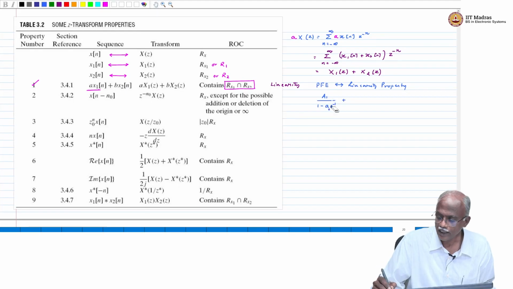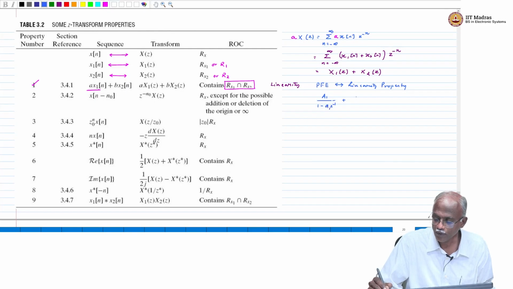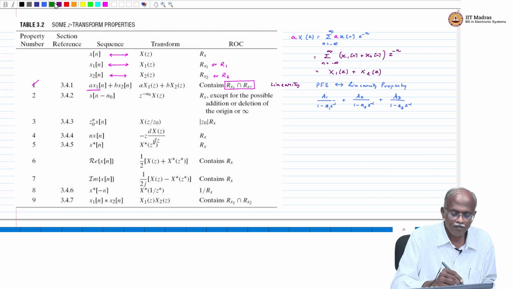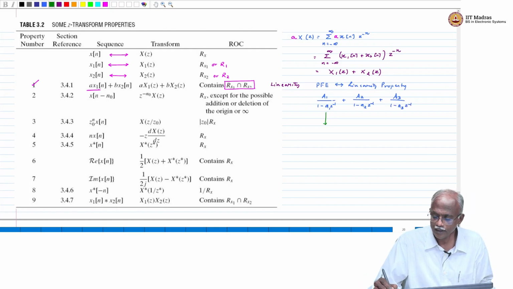Let's call this A1 itself. Okay, this is A1, a second term A2 over 1 minus A2 Z inverse, A3 over 1 minus A3 Z inverse. We eventually related this to A1 power n u of n.